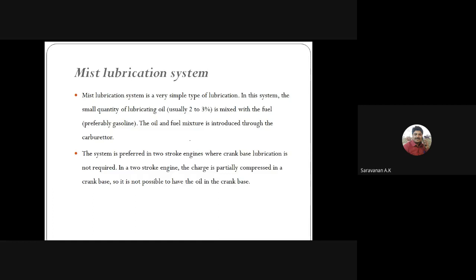You may remember the diagram of how the two-stroke engine works. Do you remember the diagram? Just wait, I will put up a diagram.